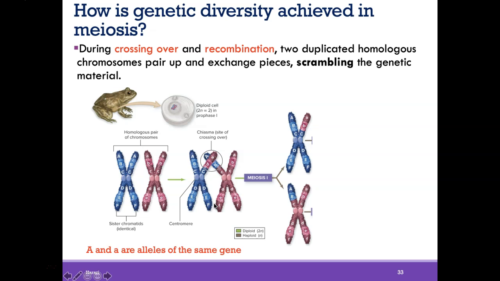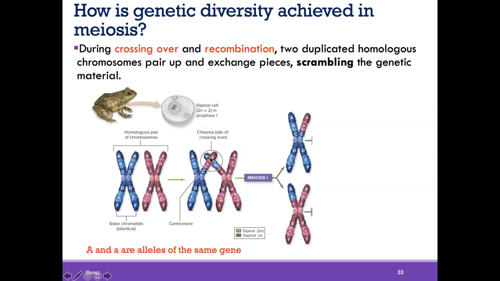Now in prophase, we have this really interesting step where the homologous chromosomes find each other. So chromosome 1 from mom found chromosome 1 from dad, and they're physically exchanging pieces. They cross over at chiasmata. A chiasma is singular, chiasmata are plural, so they cross over in multiple locations along the chromosome.